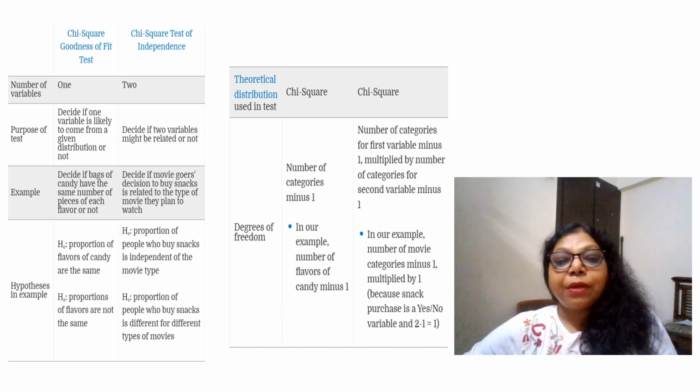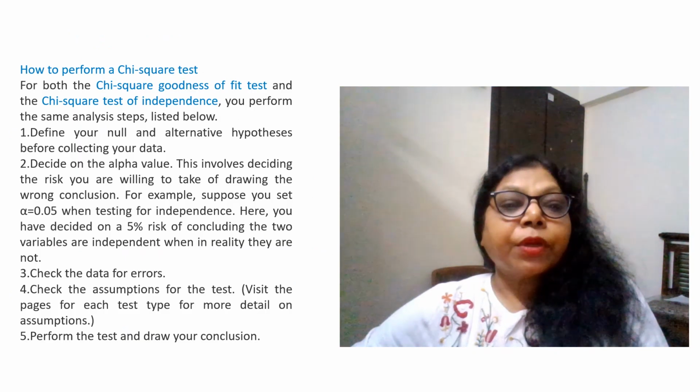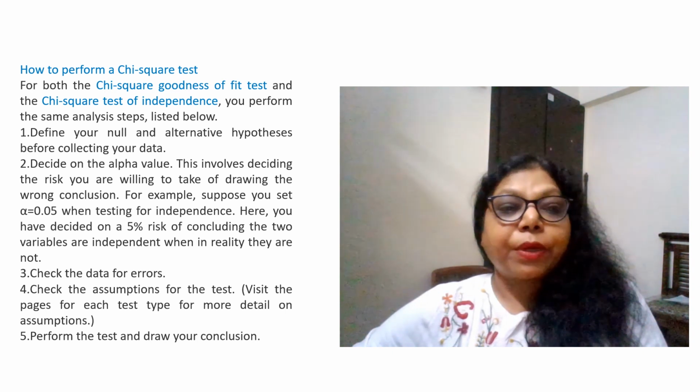So in our example, the number of movie types minus 1, multiplied by 1, because snack purchase is a yes or no variable, so 2 minus 1, that is 1.